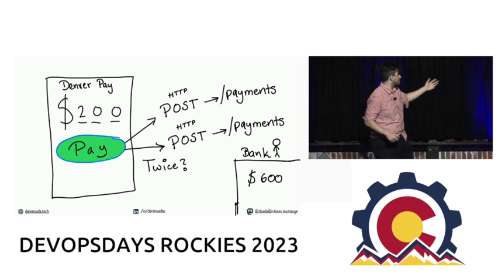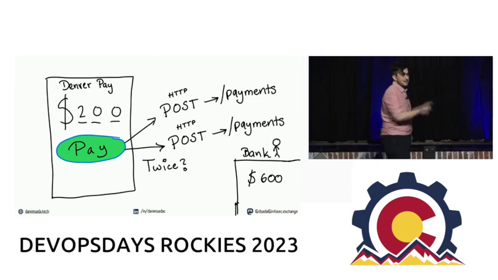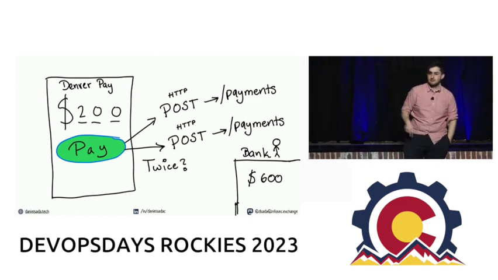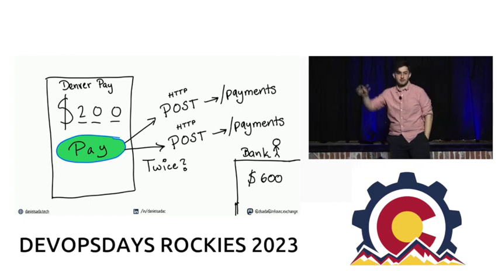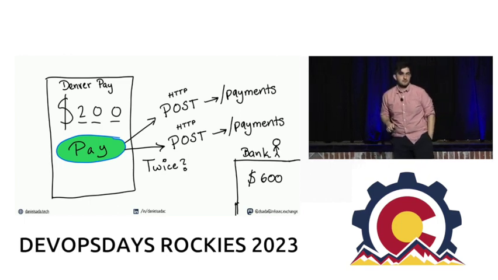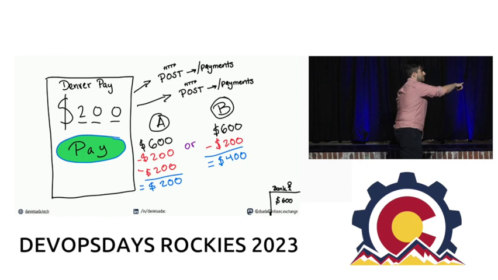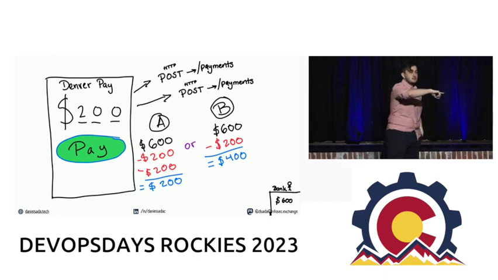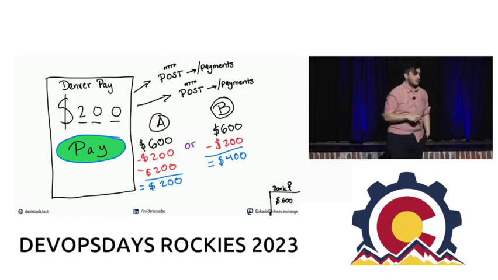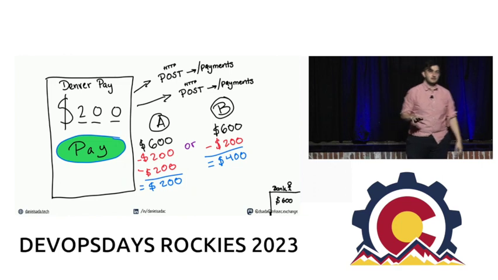Now, what happens if you click the payment link twice? Let's say you double tap the pay button. We have A, it happens twice, and then you have $200. Or B, it happens once, and you have $400.